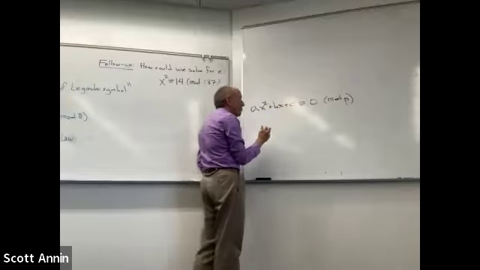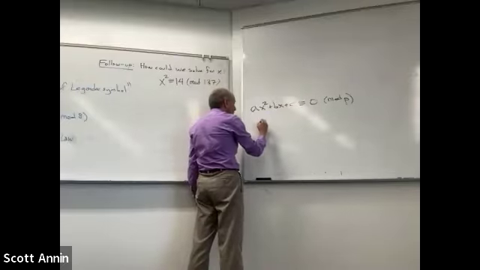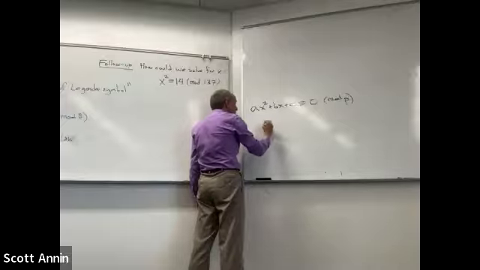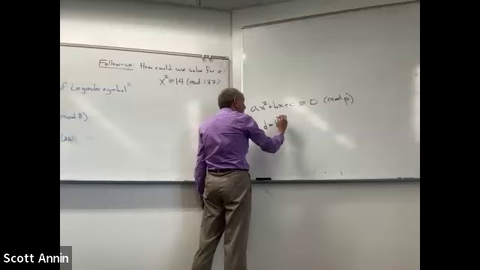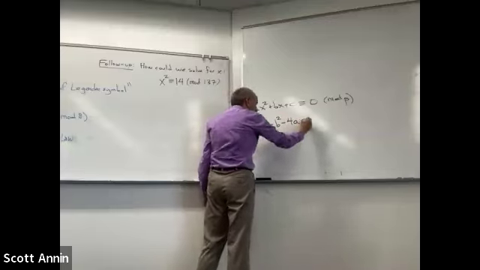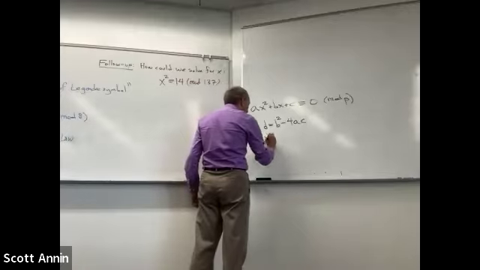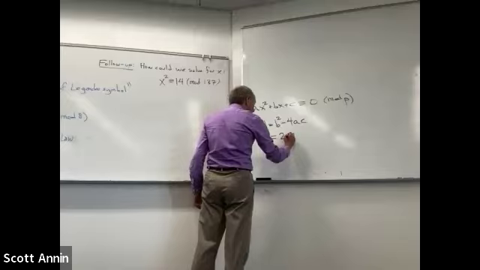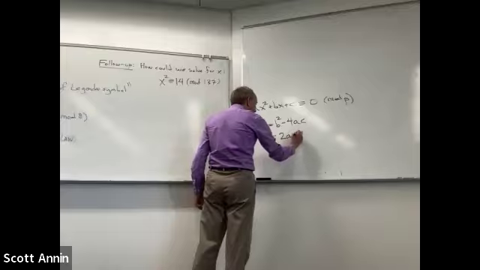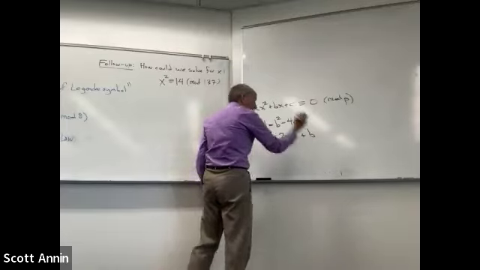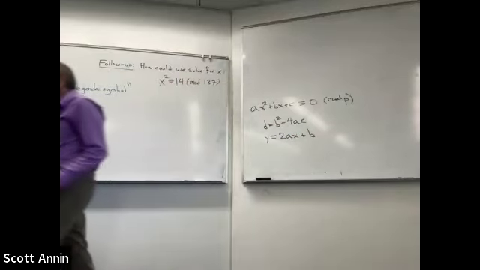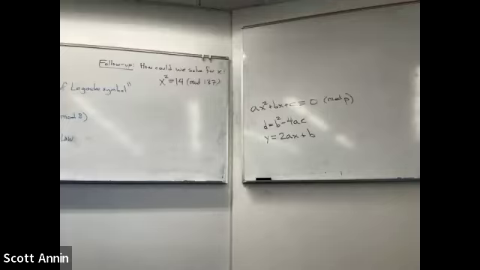If you remember, we can make a new variable d, which is just b squared minus 4ac, and then we can make a new variable y, which is coming from 2ax plus b. And using that change of variables, we can create a new congruence.